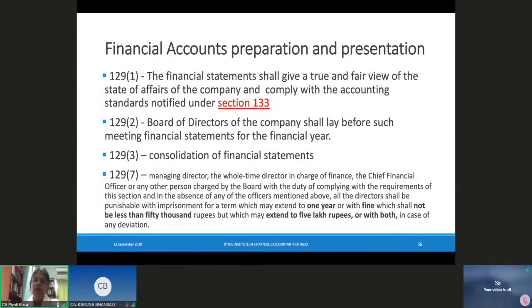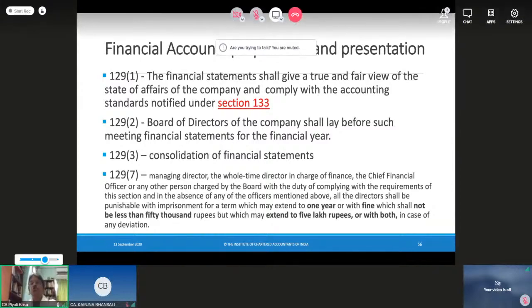129(2) talks about the board of directors of the company laying before the meeting the financial statements for the financial year. They should be adopted by the board and by the members in the general meeting.